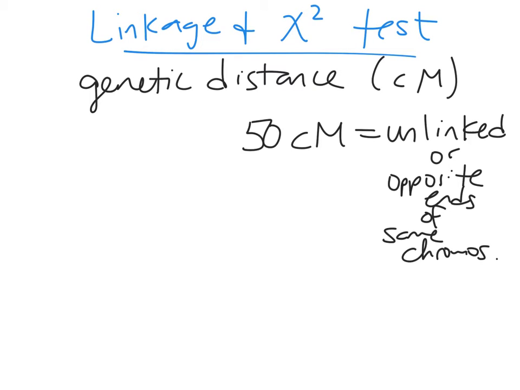What sort of a cross design do we use to assess genetic distance? Let's say we've got this sort of a cross.